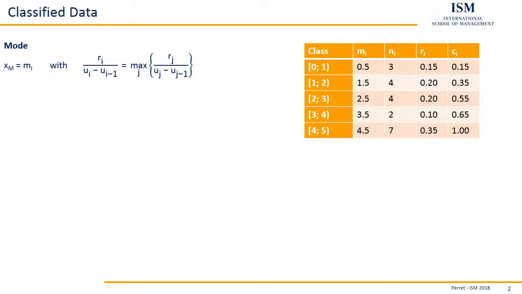Here in our example, the class width is always 1, so we can directly consider relative frequencies, because in all cases we would go relative frequency divided by 1.